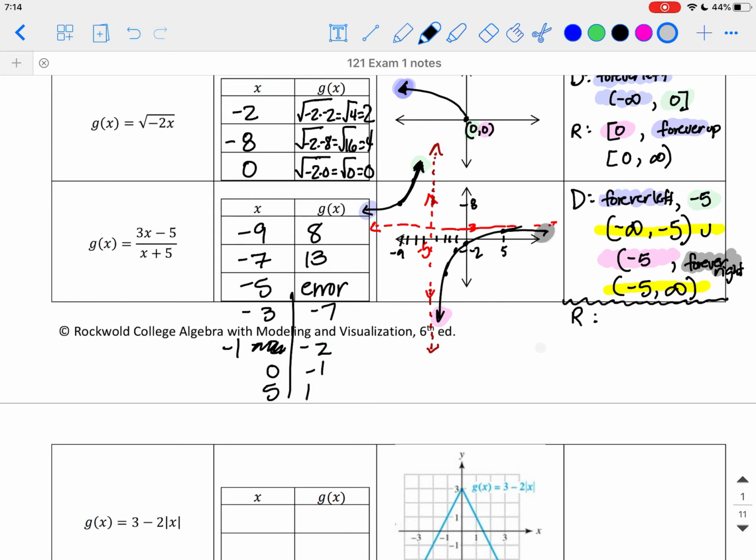So the lowest part of the graph, taking this really slow, is that part right there, and it's very dark. So that one is going forever down. So here, I'm going to put forever down.